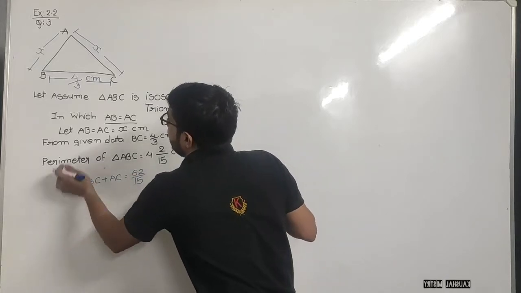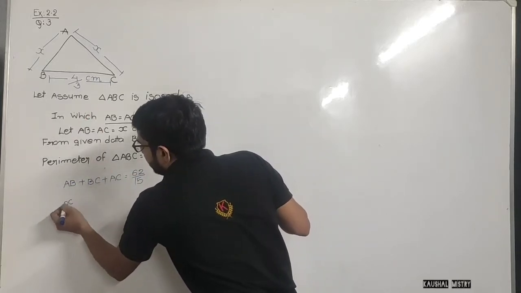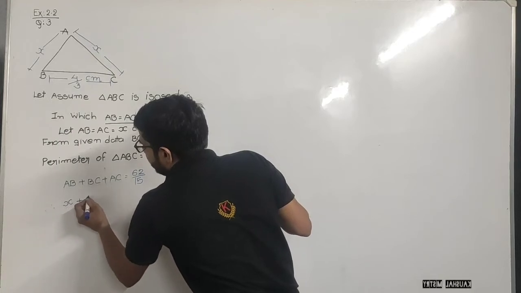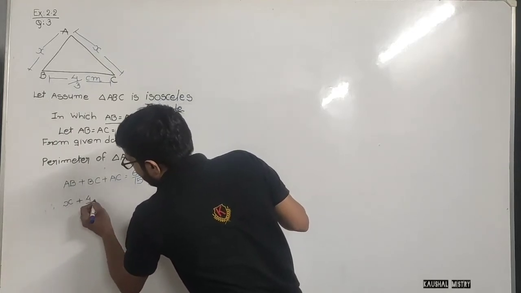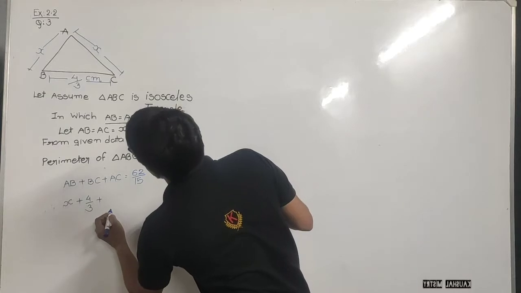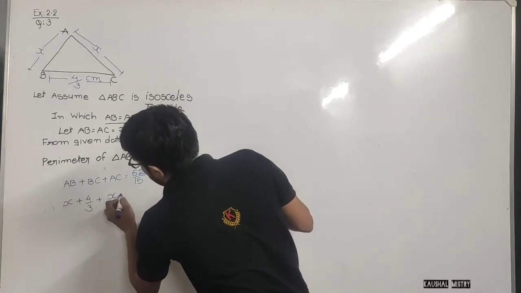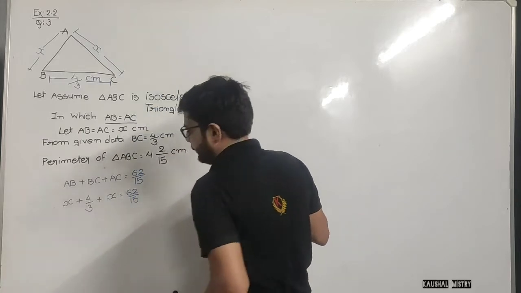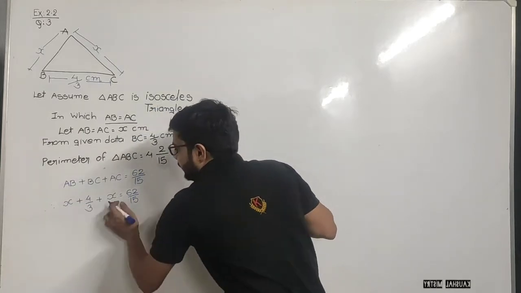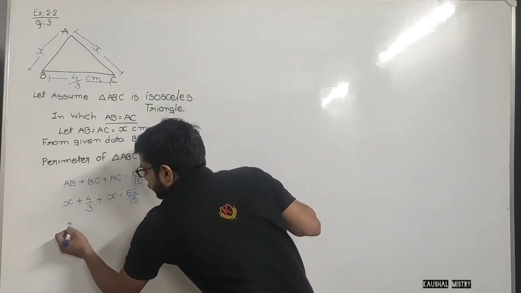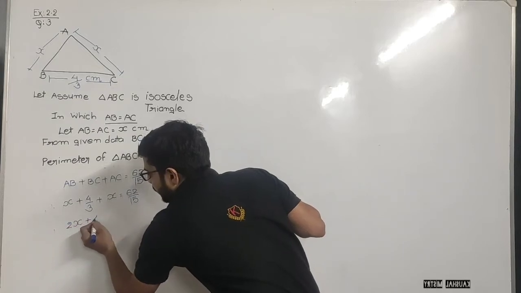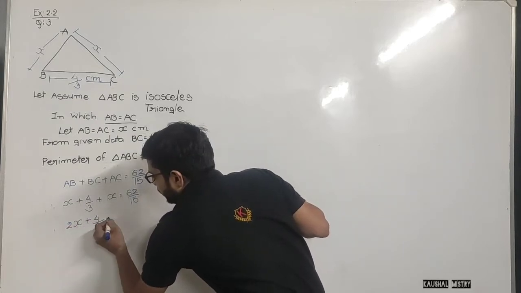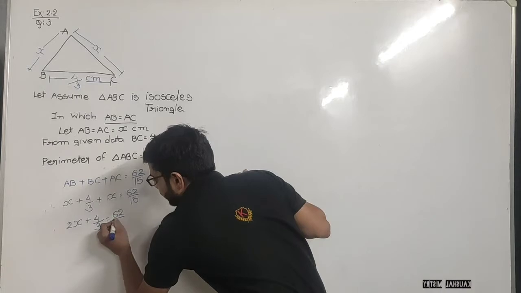Now we can say that AB is equal to x, therefore BC is equal to 4 by 3 and AC is equal to x, that is 62 upon 15. Right? Now we know that x plus x is equal to 2x, plus 4 by 3, that is equal to 62 upon 15.